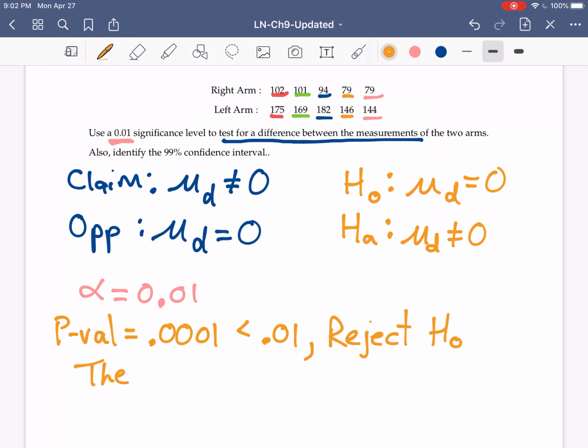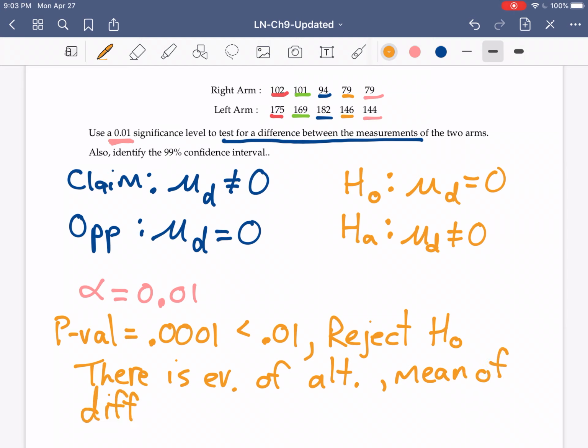There's evidence of the alternative. So there's evidence that the mean of the differences is not equal to 0.